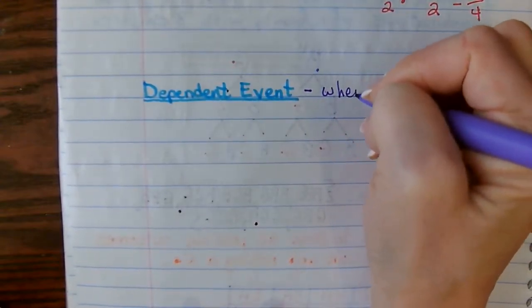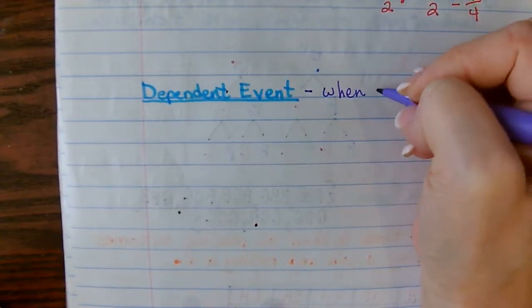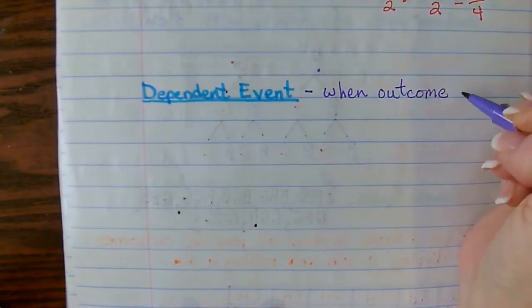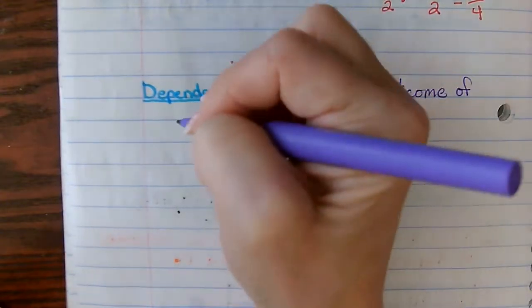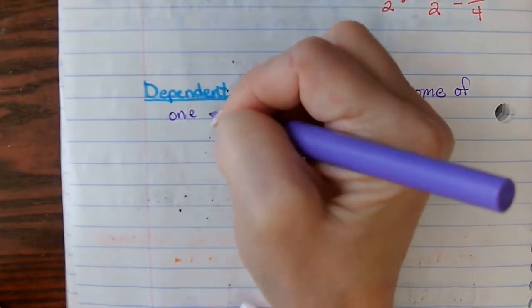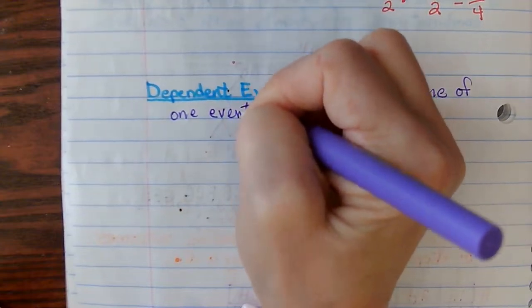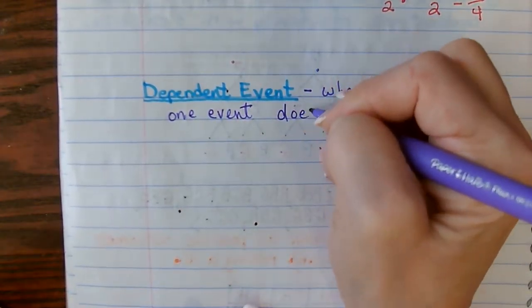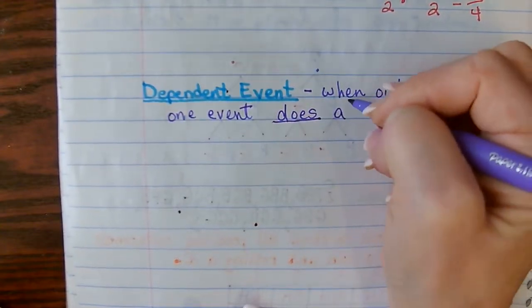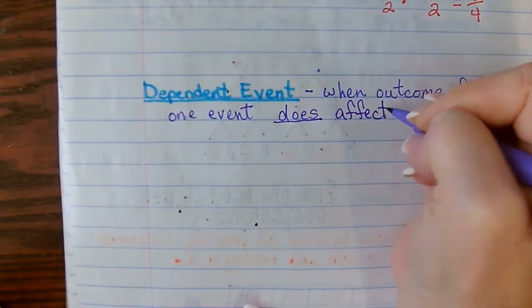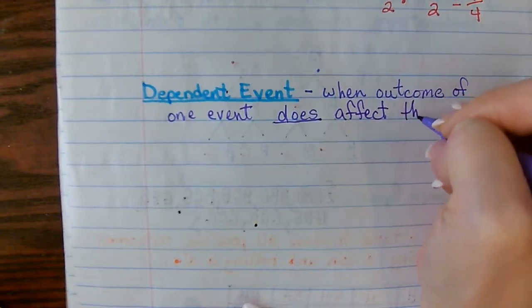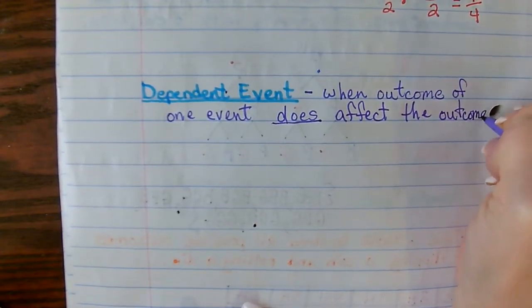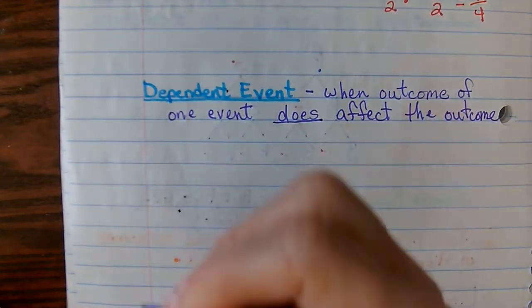When the outcome of one event does, very important emphasis, does affect or influence the outcome of the other.